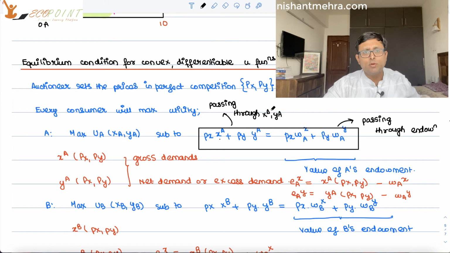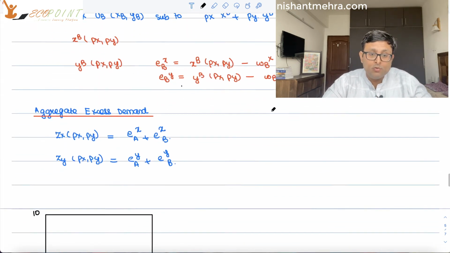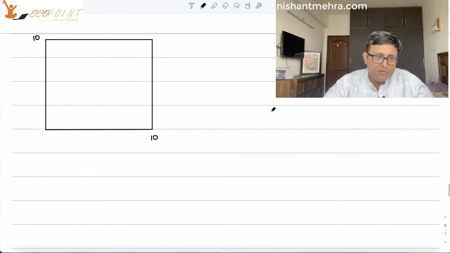So wherever I am consuming, it has to pass through that point, and it also has to pass through the endowment. Fair enough.